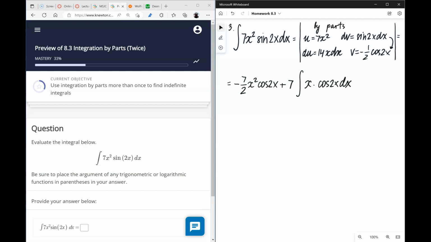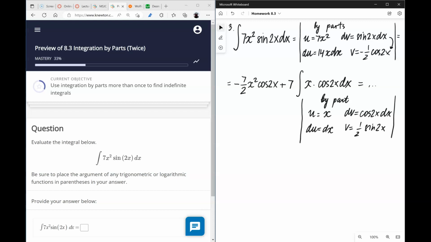And as soon as you do that, what do we recognize here? We recognize an opportunity to do integration by parts again. So u is equal to x, du is equal to dx, dv is equal to cosine of 2x dx, so that v is equal to 1/2 sine of 2x.